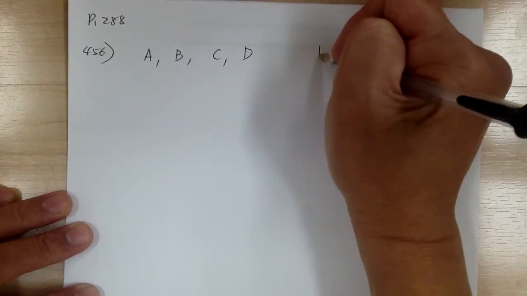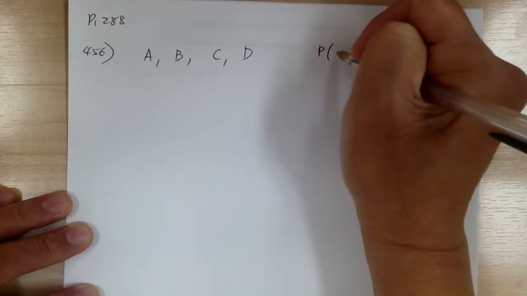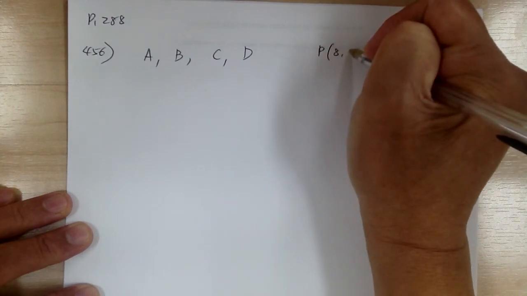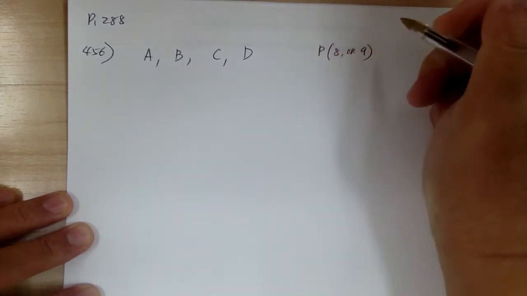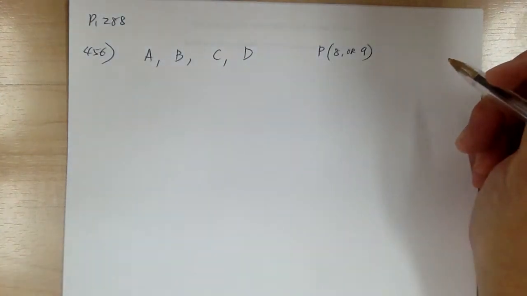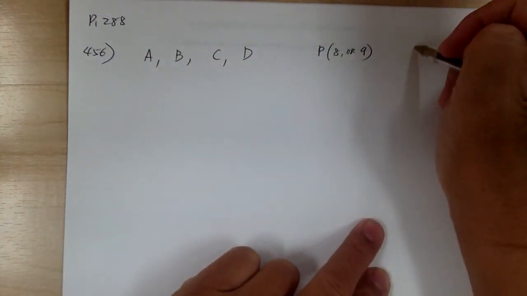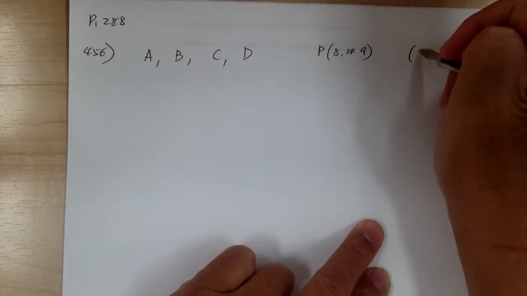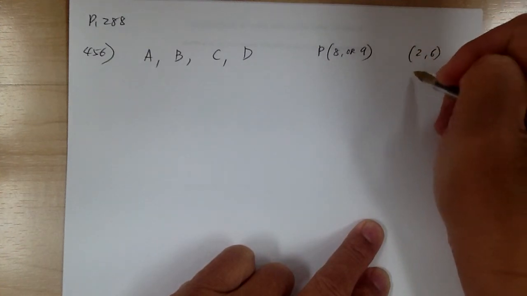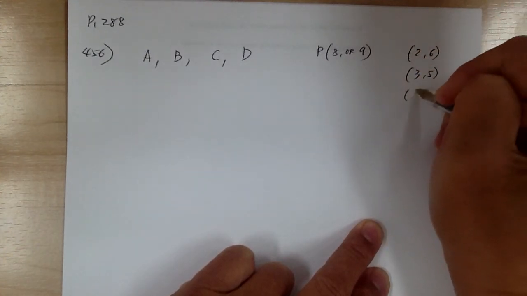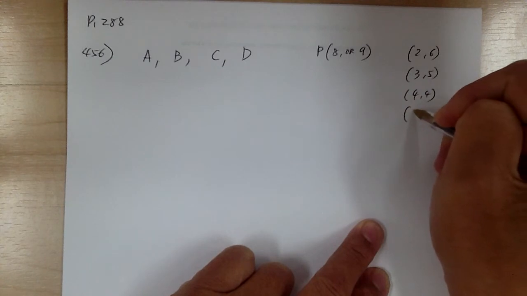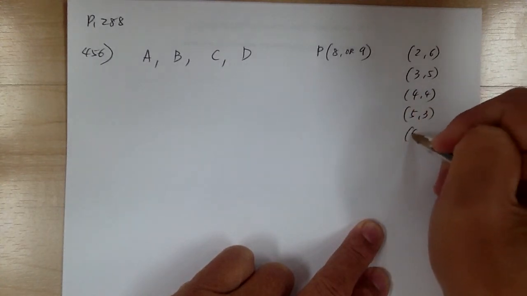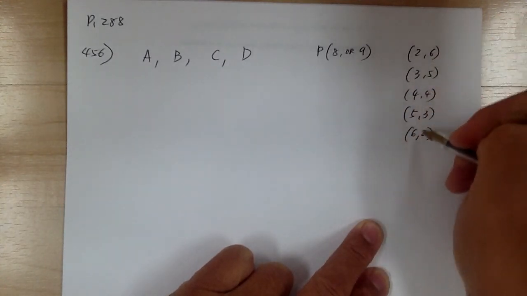Okay, so let's figure out the probability of the 8 or 9 first. First, let's get a list of 8 and 9 for the 2 dice. So for 8, you start with 2 and 6, 3 and 5, 4 and 4, and then 5, 3, 6, 2. So this takes care of the 8.